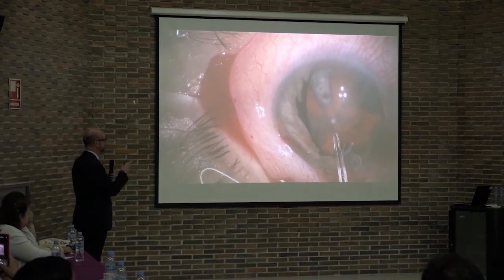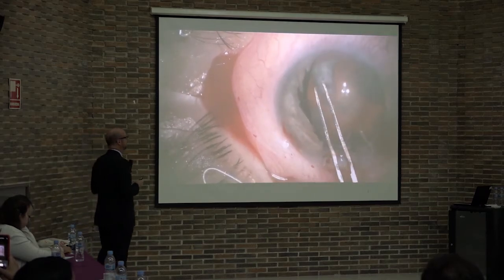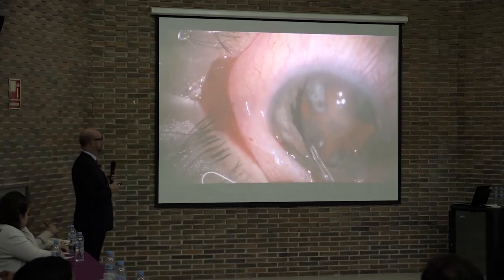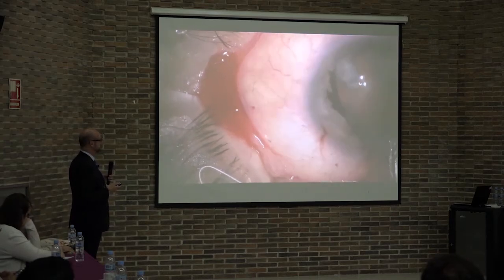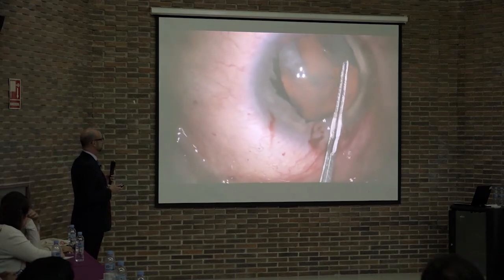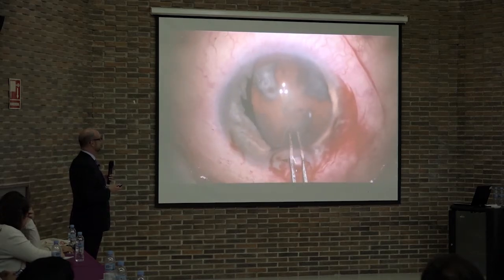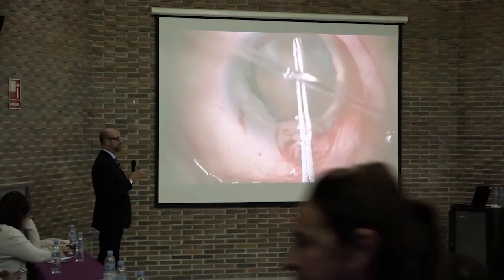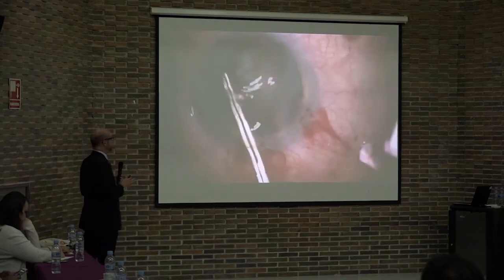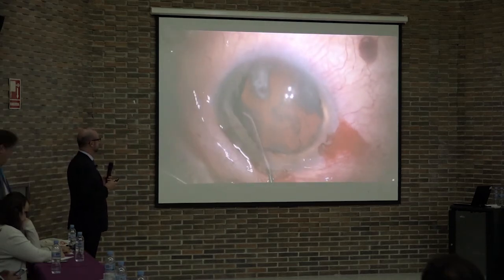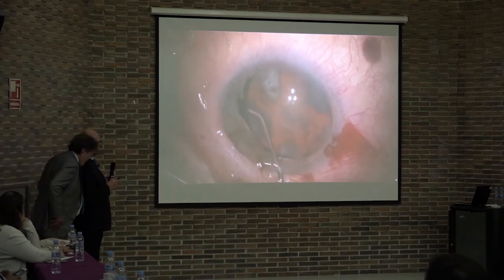It's a tube which irrigates fluid, and with ultrasound you can aspirate the cataract. All these maneuvers must be performed very carefully because the zonula, this ligament, is usually very weak in these patients.